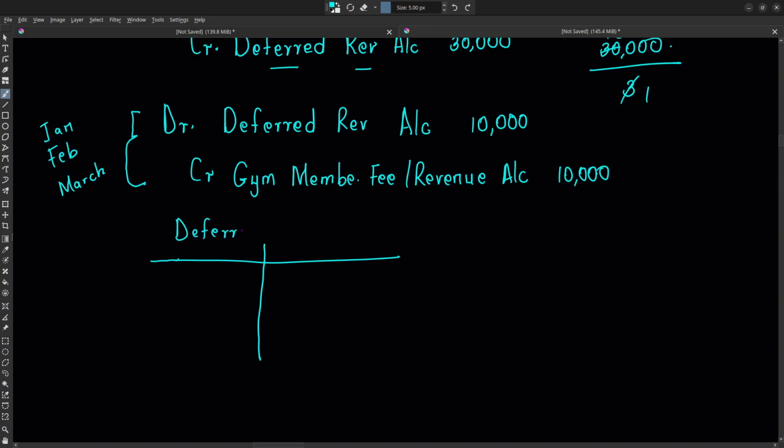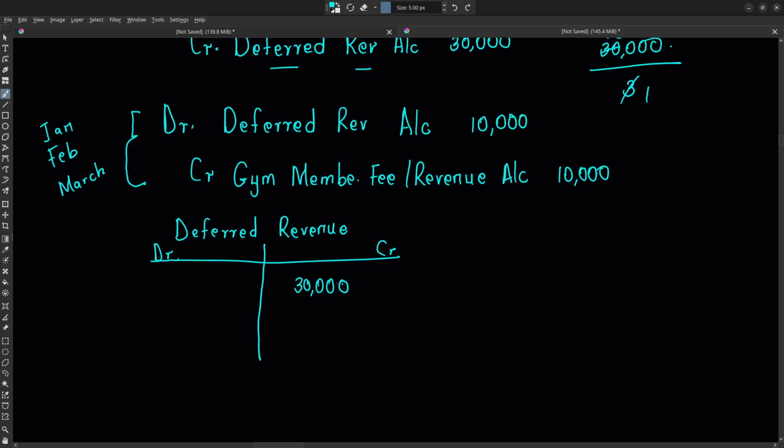Deferred revenue. By the way, deferred revenue, you'll find in some places it's called unearned revenue. Some places they call it prepaid revenue. Okay, it's all the same thing, and it is a liability. So at the beginning, what did we do? We recognized a revenue of 30,000, right?